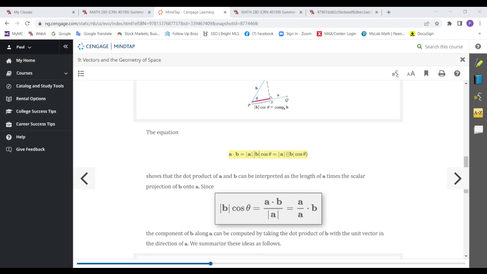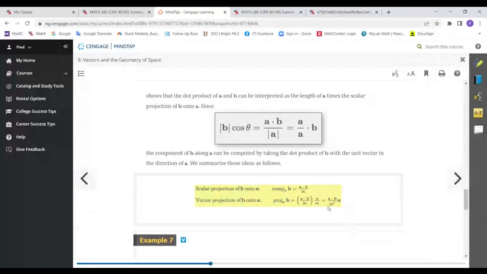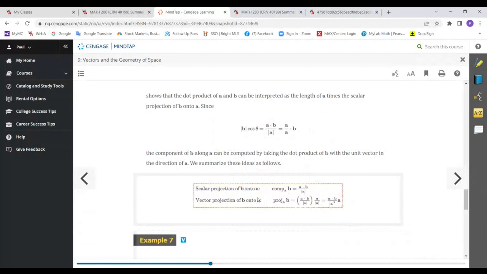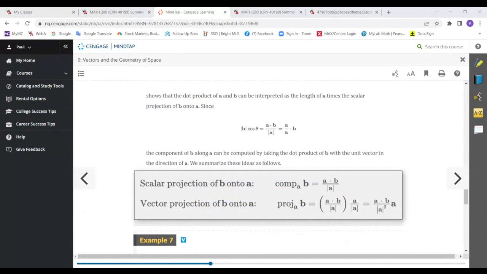The vector A in the bottom should have absolute value signs around it, because it's the length of A. But this then shows how they get the scalar projection of B onto A.